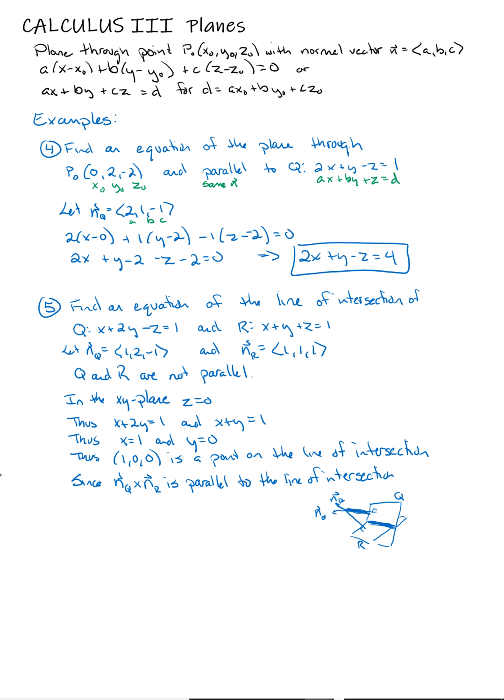So again, think about the cross product and remember the right-hand rule, and out in three-dimensional space, that should be parallel to our line of intersection. Okay, I hope that's clear.